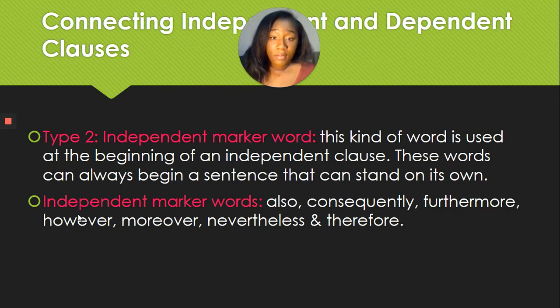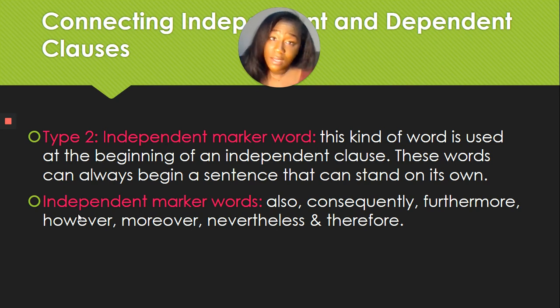There are some independent marker words you can pay attention to that alert you as to whether or not there are independent clauses present. This is used at the beginning of an independent clause, just like you would notice for a dependent clause. And these words can always begin a sentence that can stand on its own. So again, it's a complete thought.